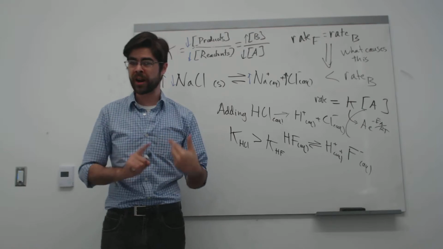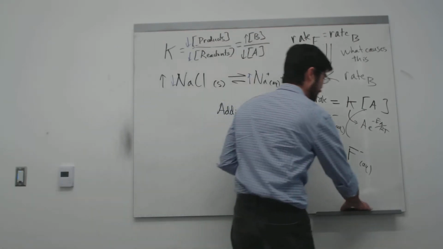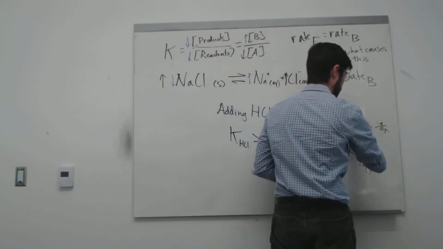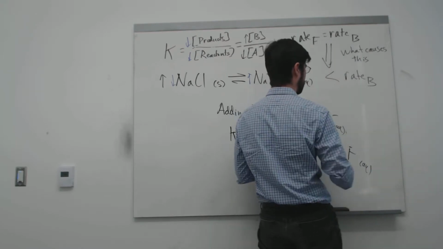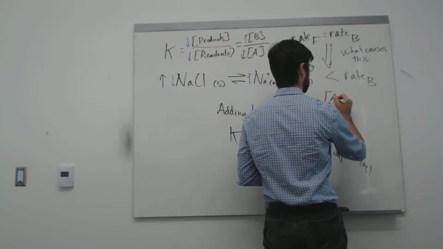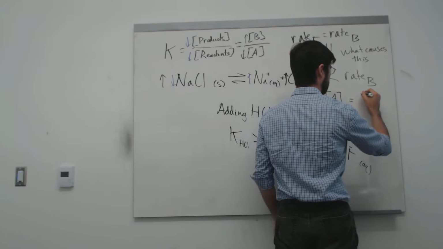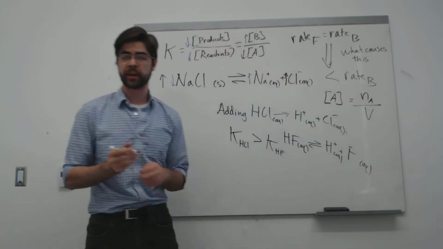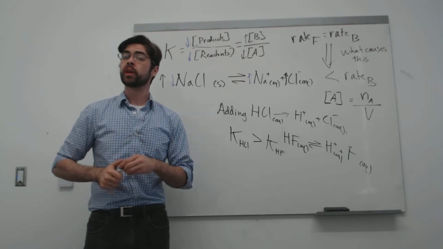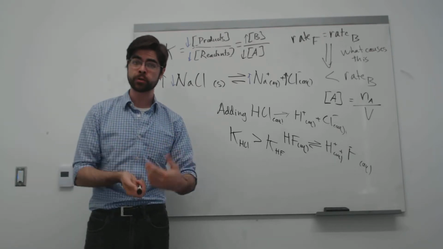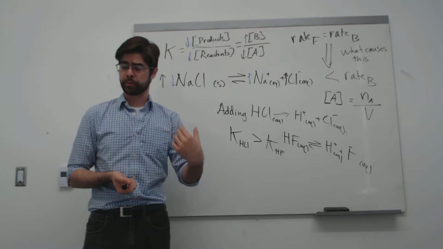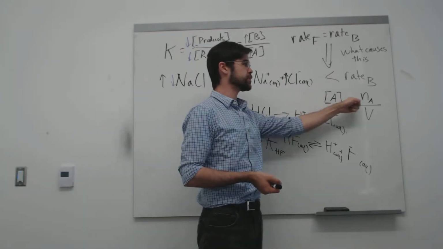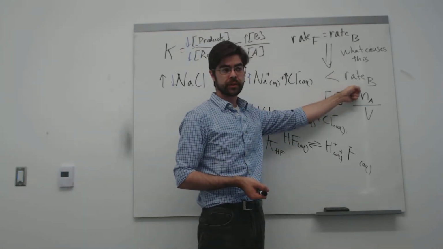But they are not the same. So let me explain what I'm talking about here. And again, I erased this earlier, but I'll put it up again. Concentration of A is moles of A over the volume of my solution. So concentration and amount are proportional. As one increases, so does the other.